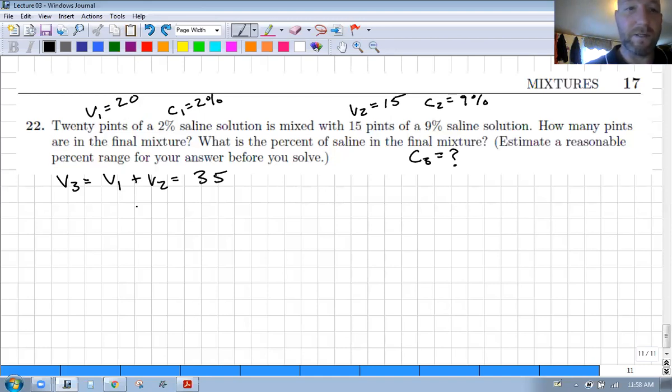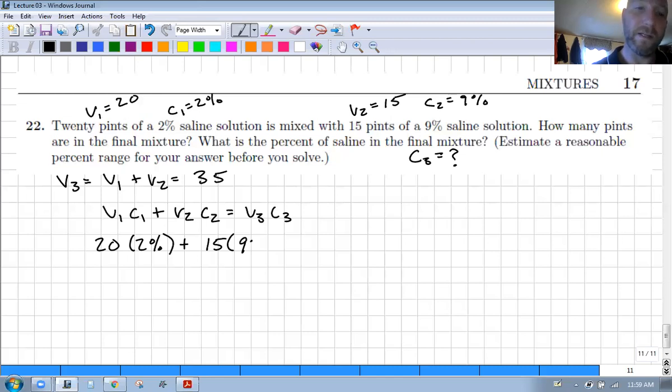So let's see what we get. V1 C1 plus V2 C2 equals V3 C3. V1 is 20 at 2%. V2 is 15 at 9%. And we get 35 at the unknown percent.